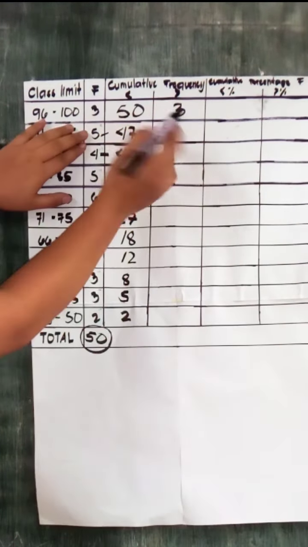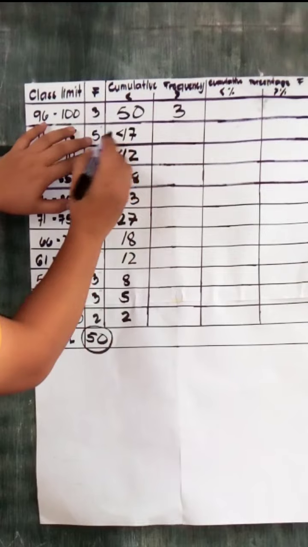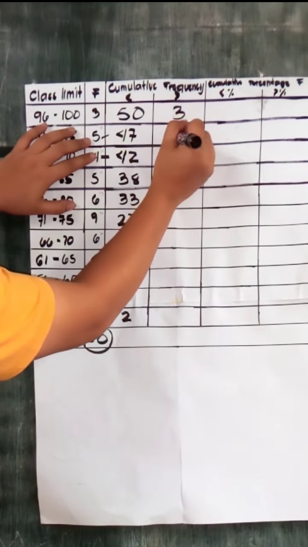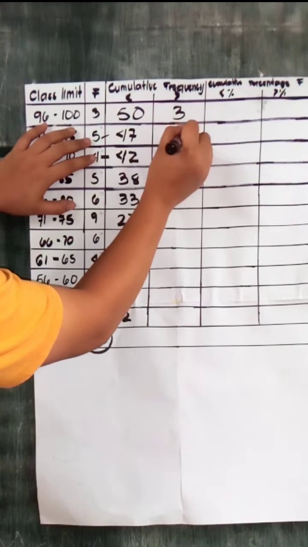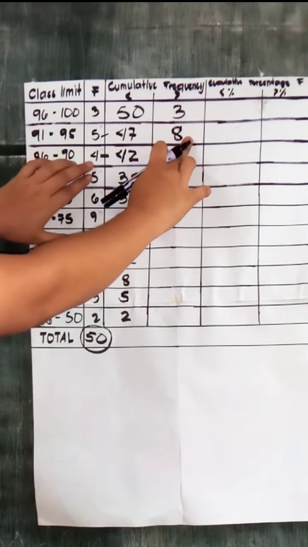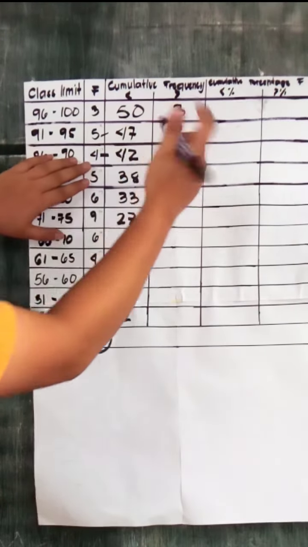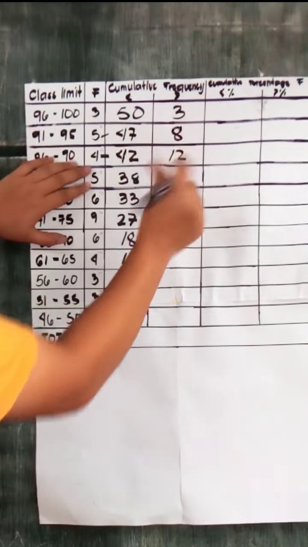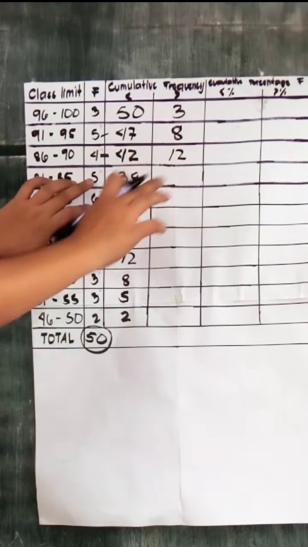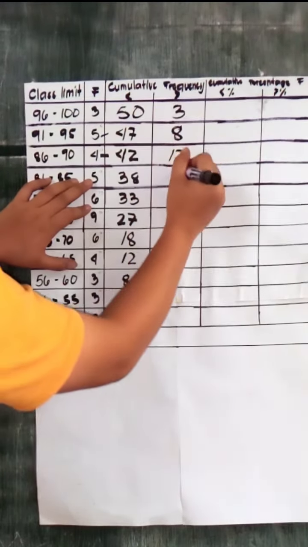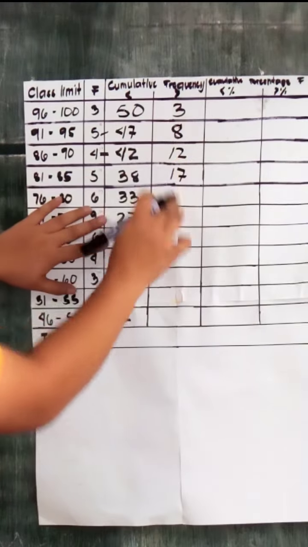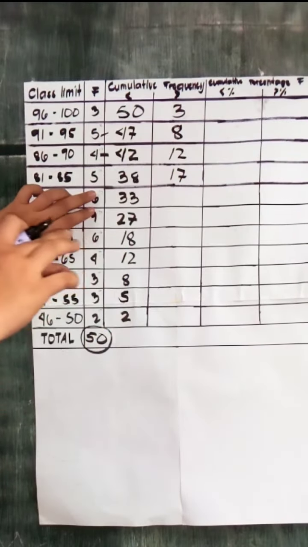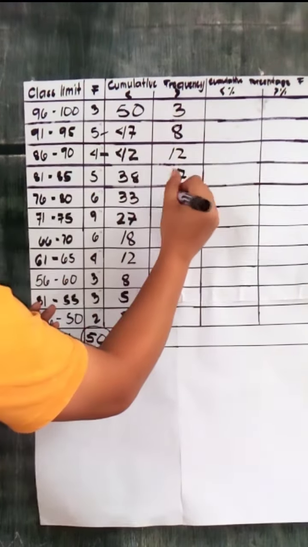So 3 plus 5 is equal to 8. 8 plus 4 is equal to 12. 12 plus 5 is equal to 17. 17 plus 6 is equal to 23.